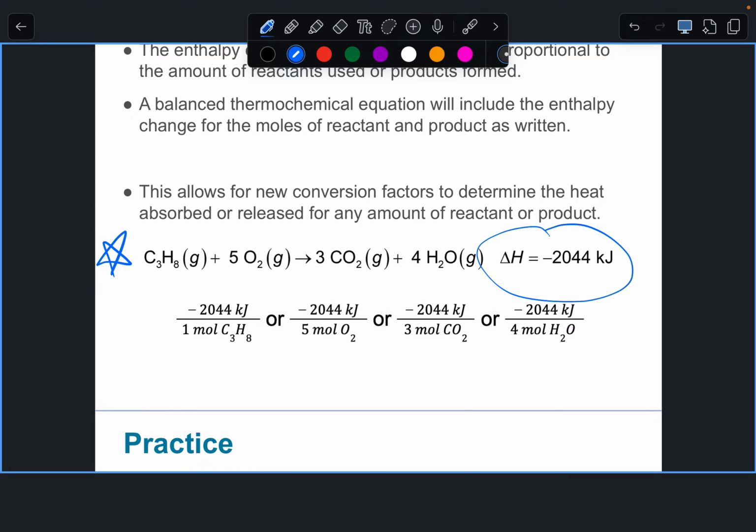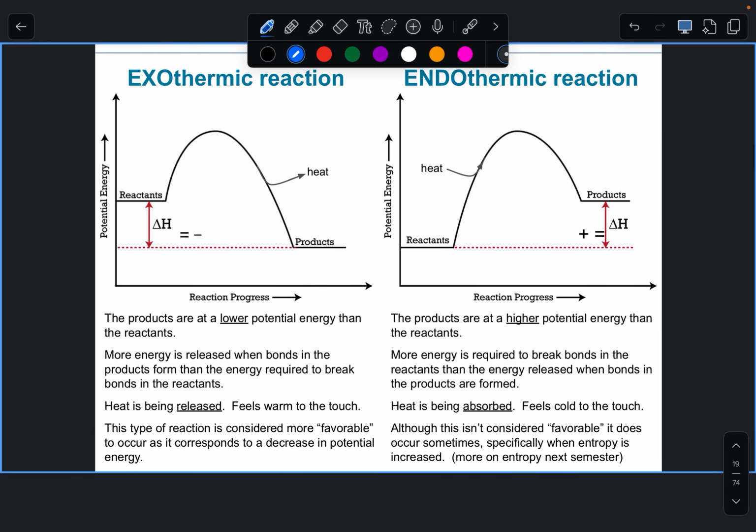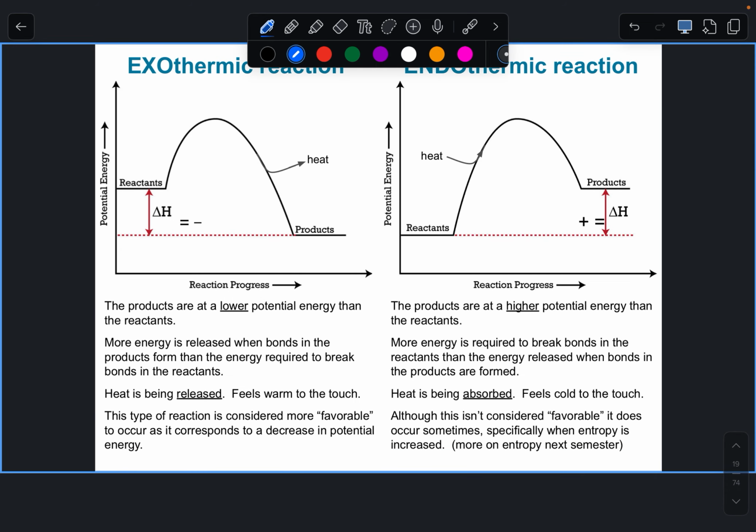So sometimes that's all the information you're given, is that the enthalpy is negative. What you should be able to infer from that is that if you have a negative enthalpy, that means that energy is being released, or specifically heat is being released. If energy is coming off, that must mean that there is a loss in energy from reactants to products.